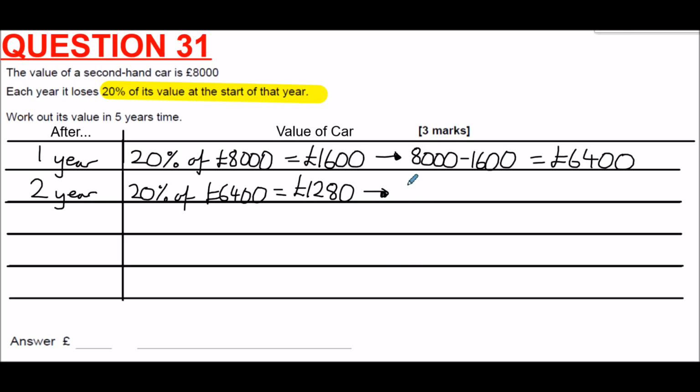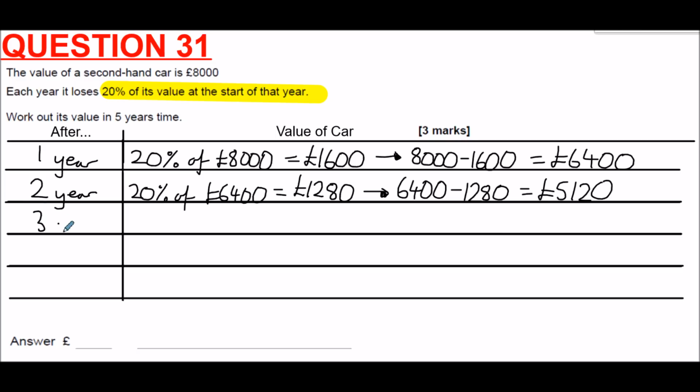So after 2 years, the value will be 6,400 minus 1,280, which is 5,120. So as repetitive as this method is, it will get you there slowly but surely.